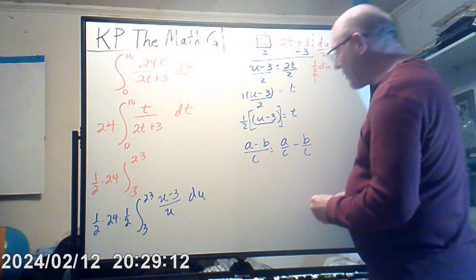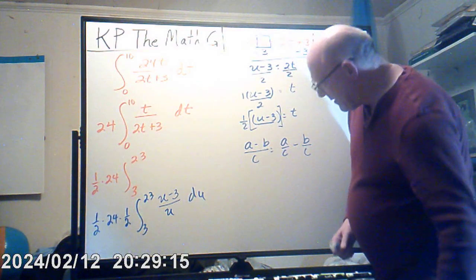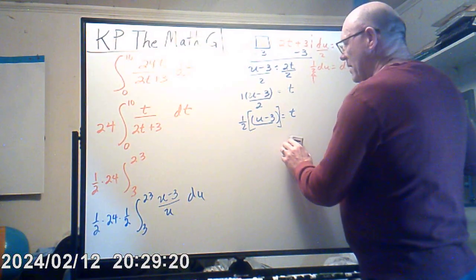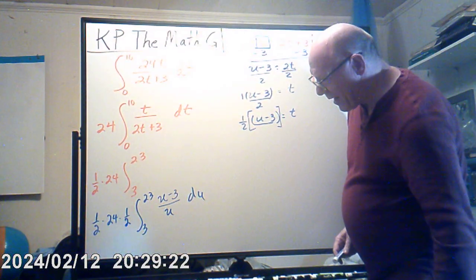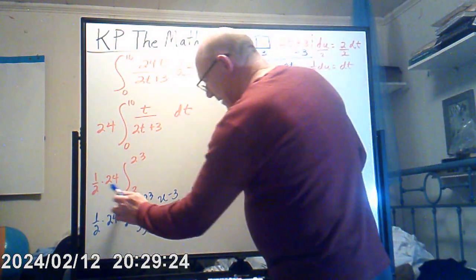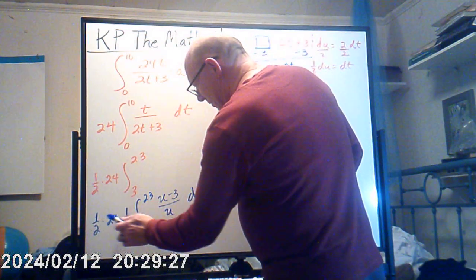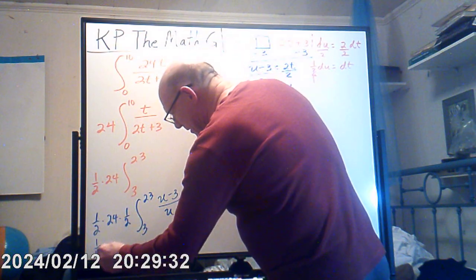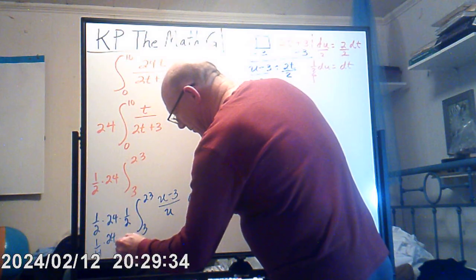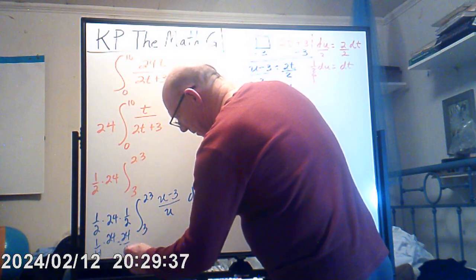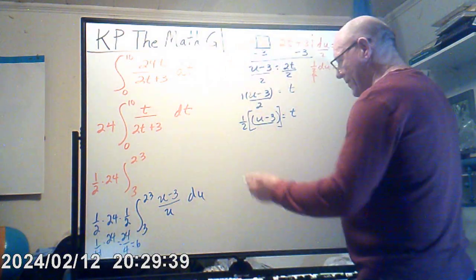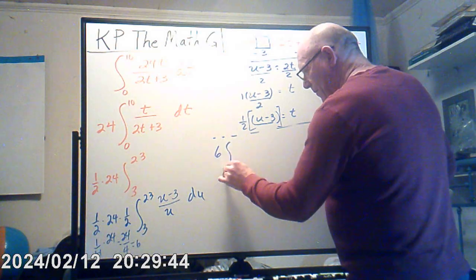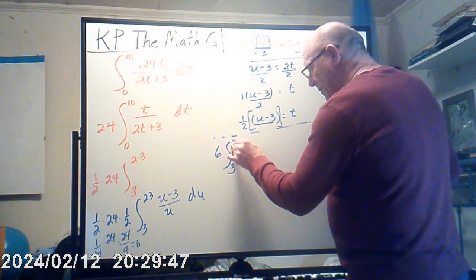I'm going to rewrite it that way, because I don't like that u in the denominator. Let's rewrite all of this. The front number: 1/2 times 1/2 is 1/4. 1/4 times 24 is 24 over 4, which is 6. So this number now is 6. We are still integrating from 3 to 23.